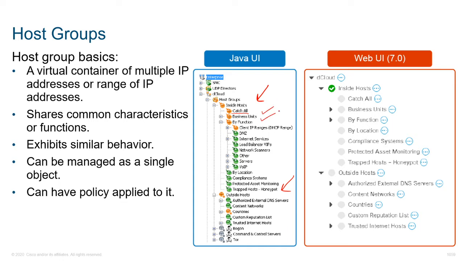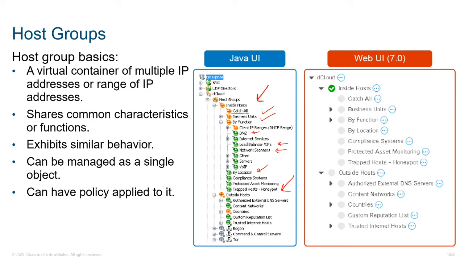So if we created some by function, here are devices that might be in our DMZ, load balancers, scanners. This is going to be a good example in a moment when we talk about some of the policies that we can apply to each of these groups. We can also see that there's things that we can spin up by location, and so on and so forth. Now, as far as outside goes, these are generally things that have not been specified.